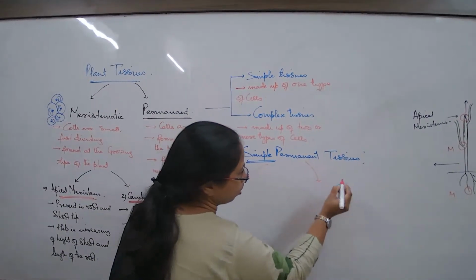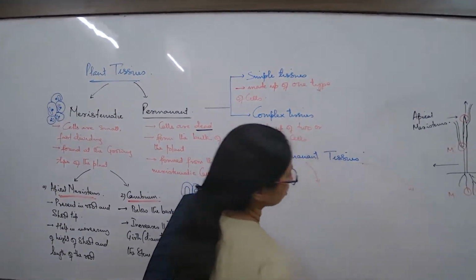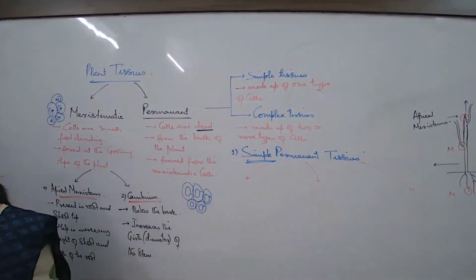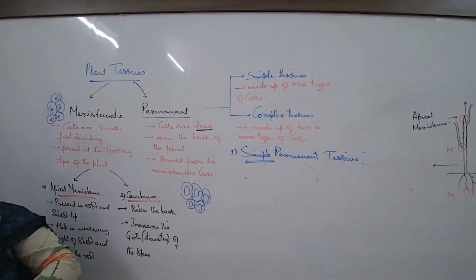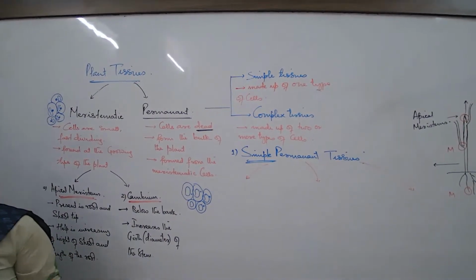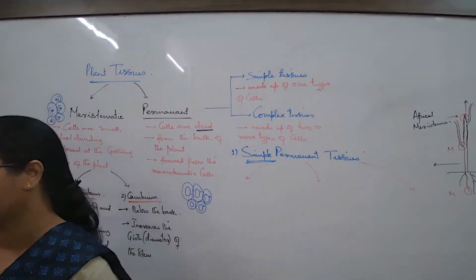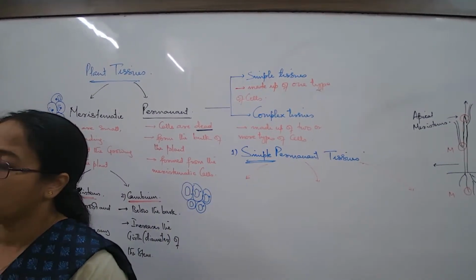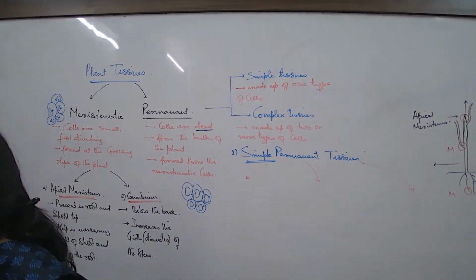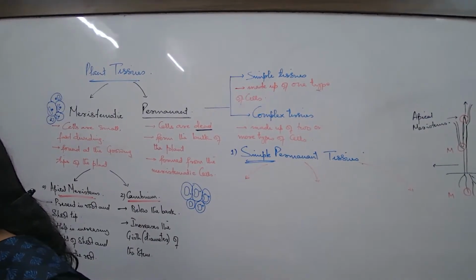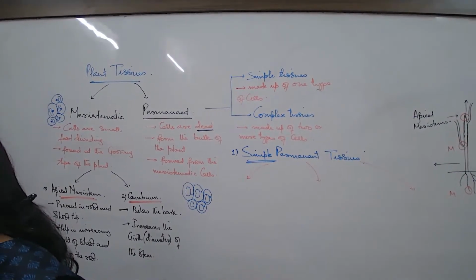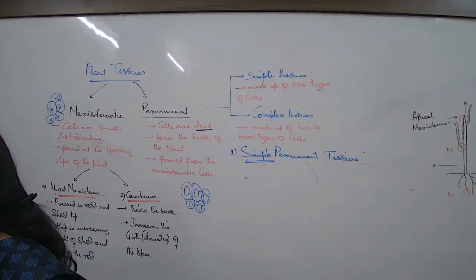We will have to know the location, the function, and the features. Look into the diagrams as I speak, because you'll have to identify the diagrams. Knowing the diagrams is very important, both for your volume and your textbook.